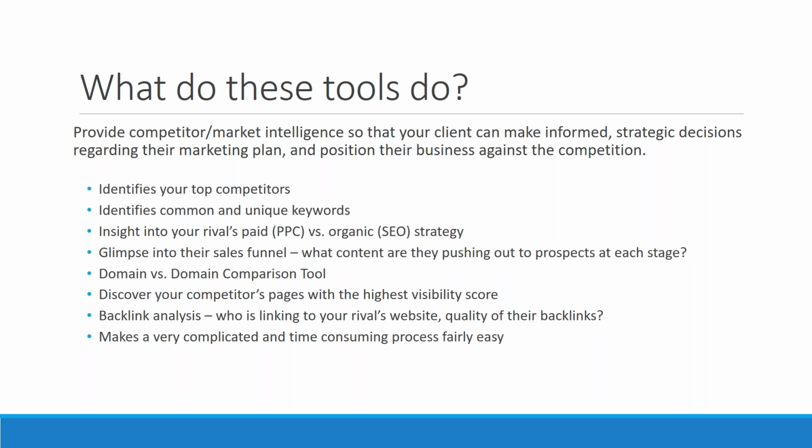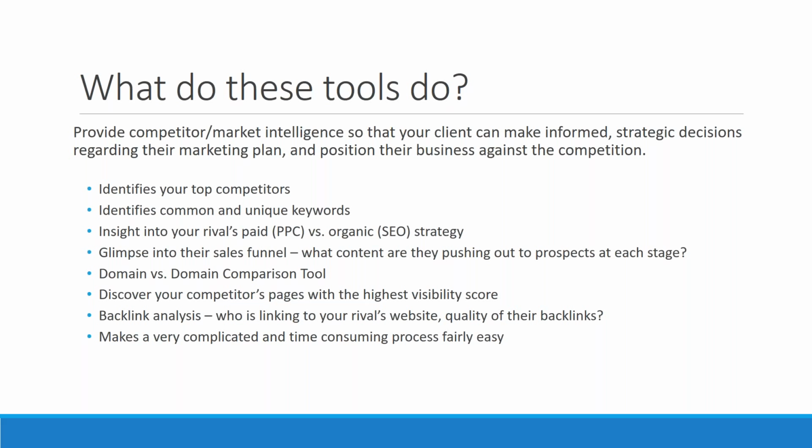And so they find out, when they search for their true competitors on one of these tools, that the companies they thought were competitors really aren't. The tool will identify the keywords that are unique to their business, and it'll also identify keywords they're competing on with their competitors, where they have them in common.